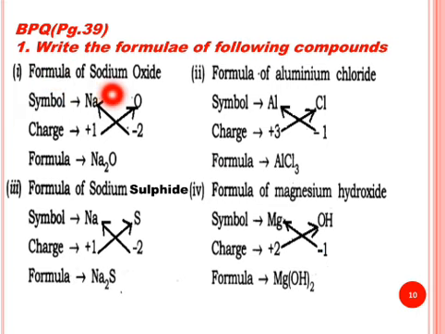Formula of sodium oxide, Na2O. Formula of aluminium chloride, AlCl3. Formula of sodium sulfide, Na2S. Formula of magnesium hydroxide, Mg(OH)2. You can write the formula of these compounds directly, or you can show by the crisscross method by writing their symbols, charge, and then form the formula.